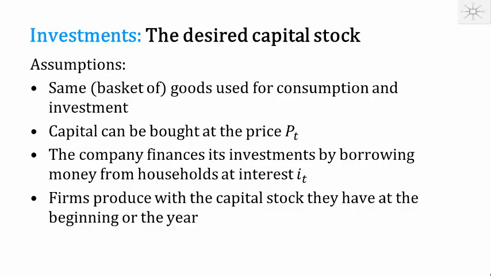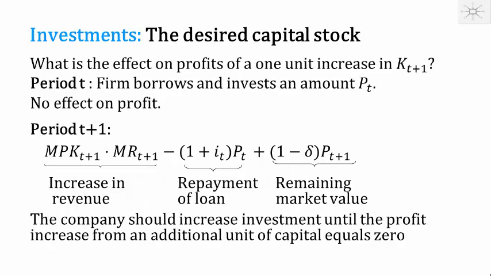And we also assume that firms produce with the stock of capital that they have at the beginning of the year. The investment that you make during the year doesn't become productive until the next year. So this way we have a clean and clear investment problem that we can analyze theoretically.